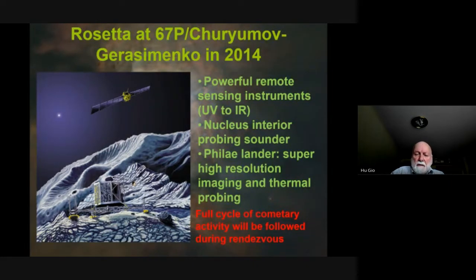And the idea was to follow a comet over the full cycle of activity, when the comet approaches the sun at about 3.5 to 4 AU, down to perihelion at 1.2 AU, and then again in the direction of aphelion. So this was a mission designed to observe activity and to find out how activity on a cometary nucleus really works.